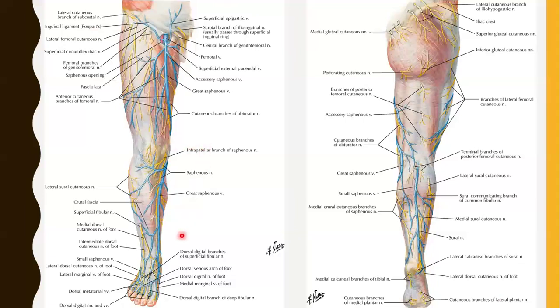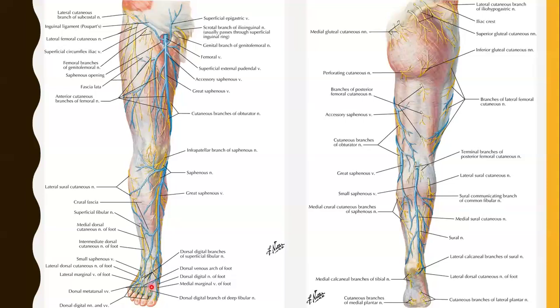The great saphenous vein begins on the medial aspect of the foot. It is formed by the union of what we call the medial marginal vein and the medial aspect of the dorsal venous arc. Now, what is the dorsal venous arc? The dorsal venous arc is basically an anastomosis of veins that drain the digits.